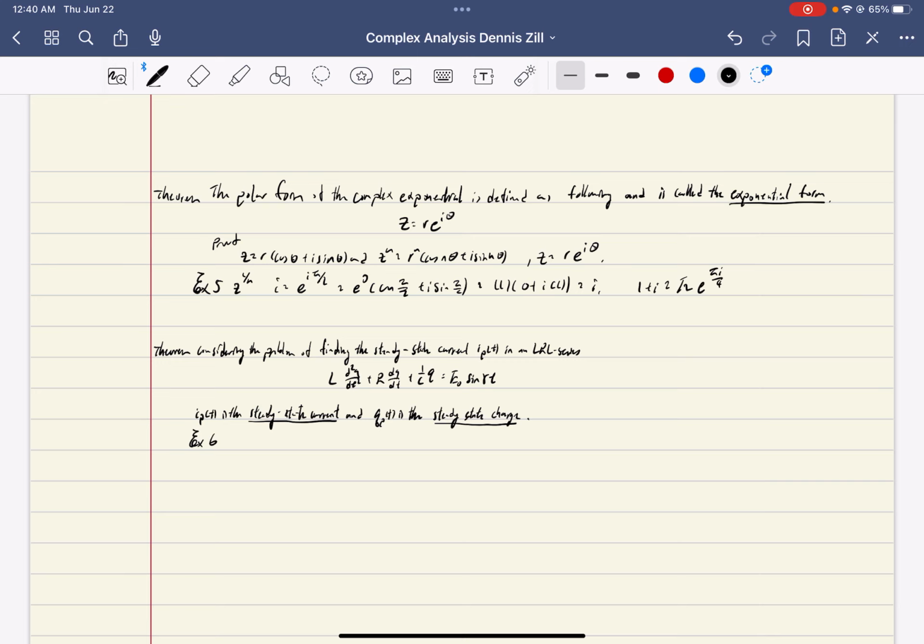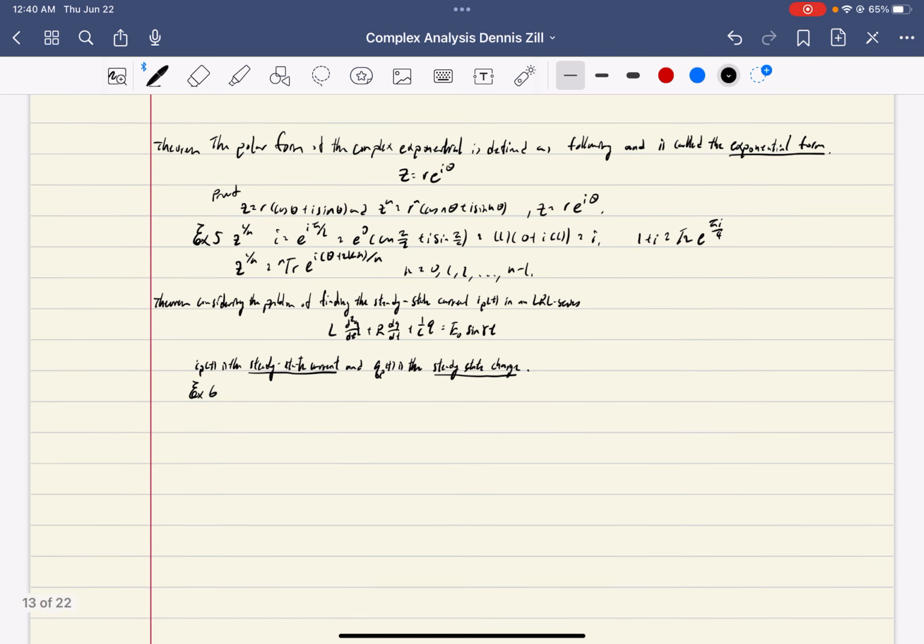So now, if you have z to the 1 over n power, well, if we take the nth root of r and multiply this by i, you can factor in i, you have theta plus 2k pi, and everything divided by n, right? Because this is really just fundamentally this part, right? And for k is equal to 0, 1, 2 to n minus 1, right?